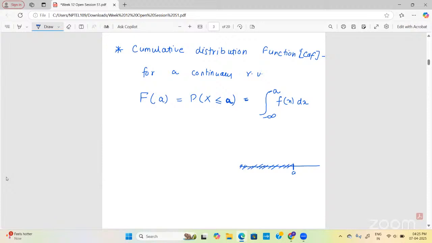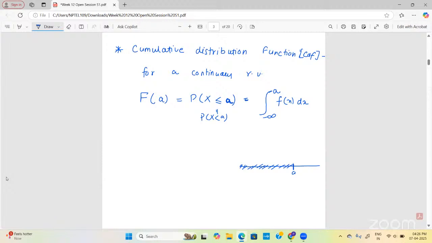But in general, we write minus infinity. Okay, so this is the formula for the cumulative distribution function. And since it is a continuous random variable, we can write it like this also. So these two are the same. Okay. Is this clear to everyone?